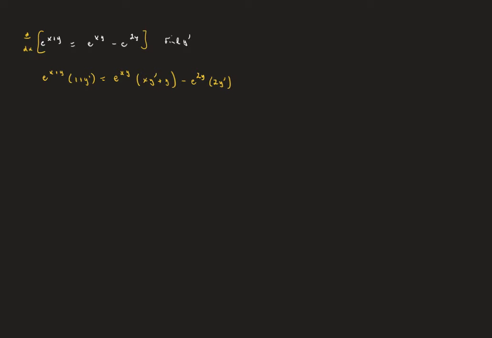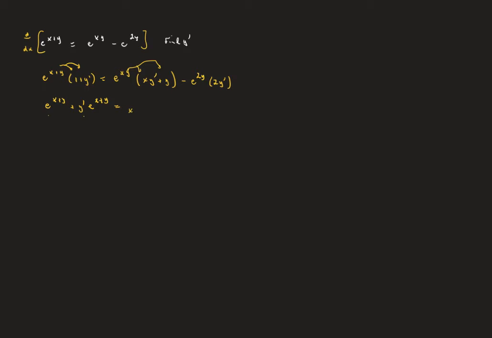So on the left side, we're going to distribute our exponential. That's going to give us e to the x plus y plus y prime e to the x plus y. So we can see on that left side, we have one term without a y prime and one term with. Eventually, they're going to have to go to different sides of the equal sign.